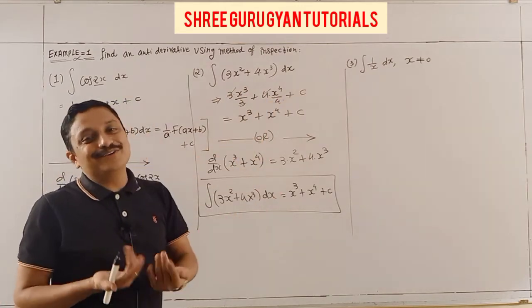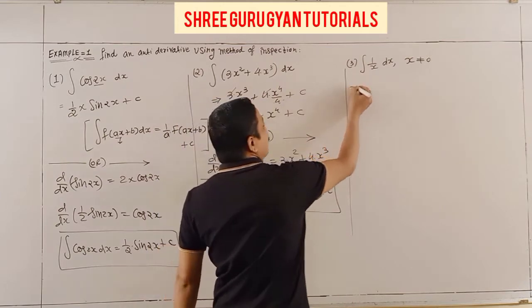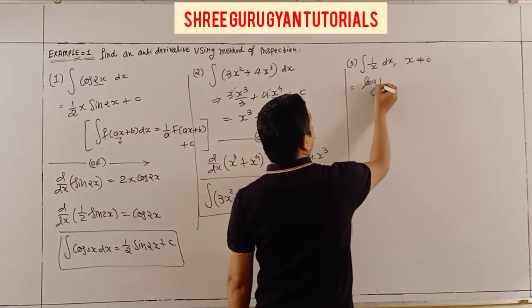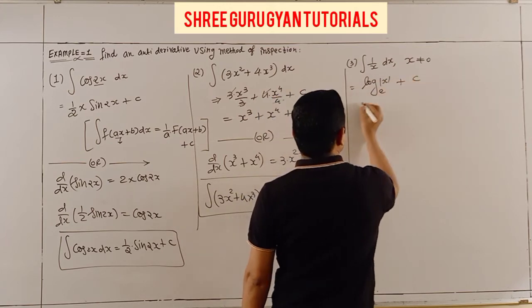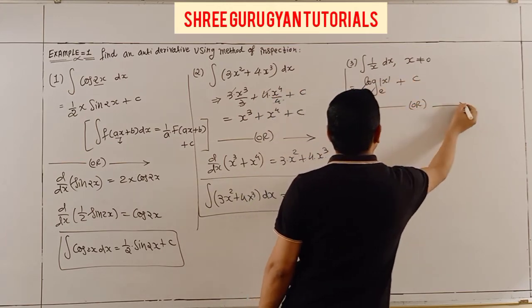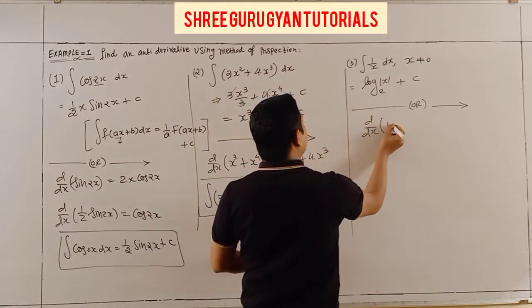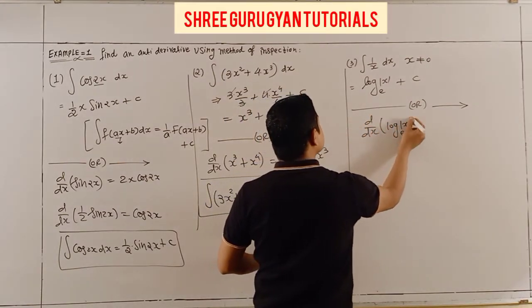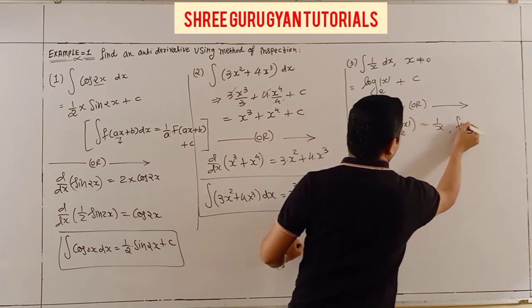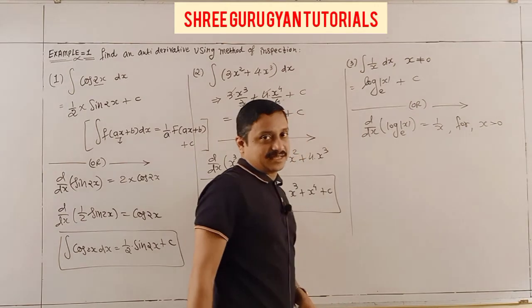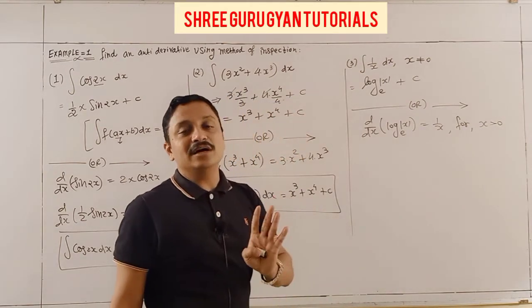Now the third one, you already know. What is the shortcut answer? 1 upon x, whose antiderivative is log modulus x plus c. Otherwise I go to the second method: d/dx of log modulus x is 1 by x, but always for x greater than 0, not writing the less than 0 case.